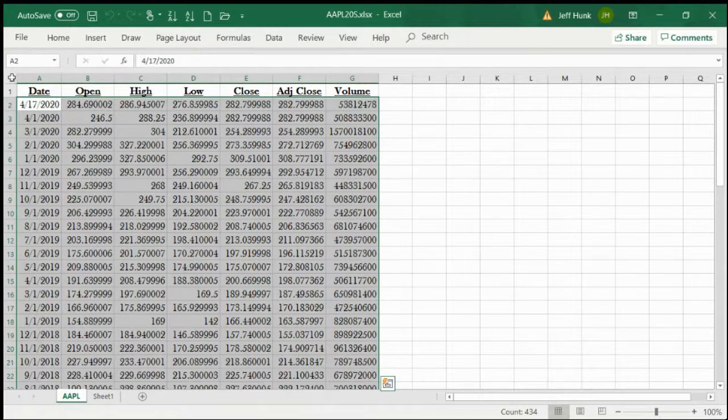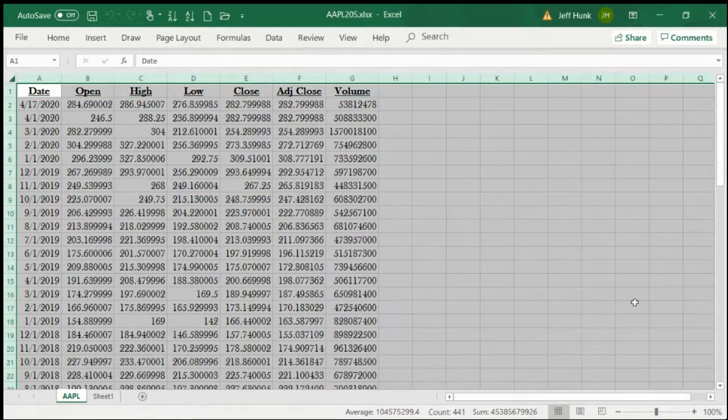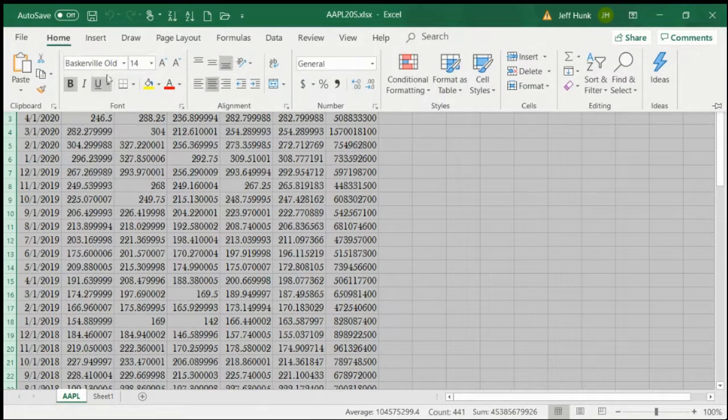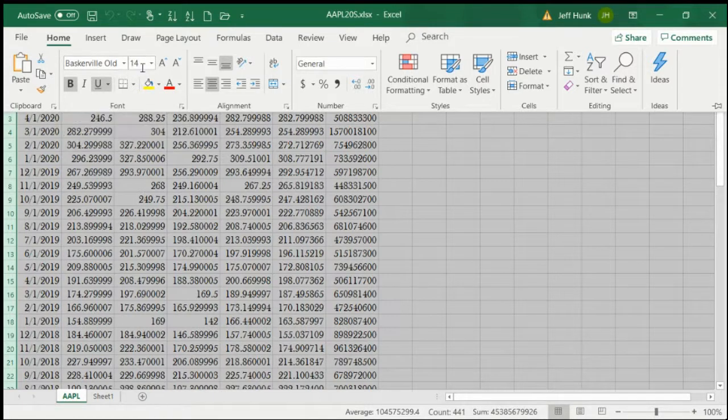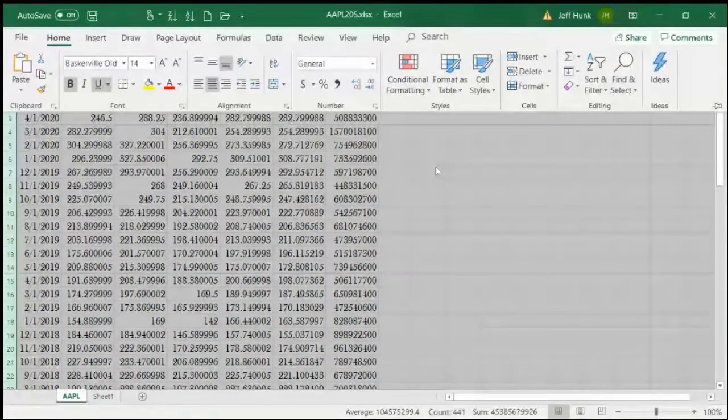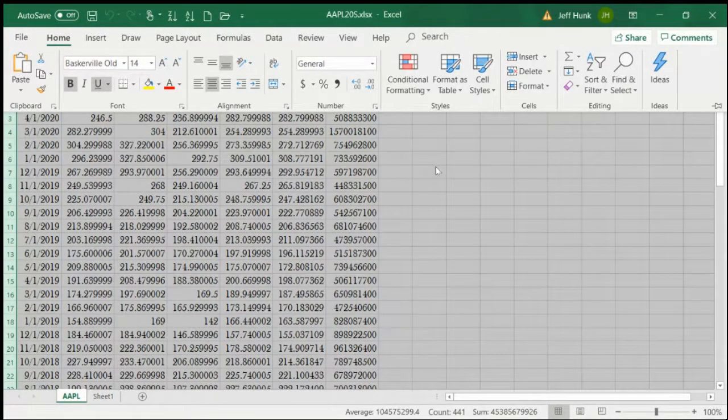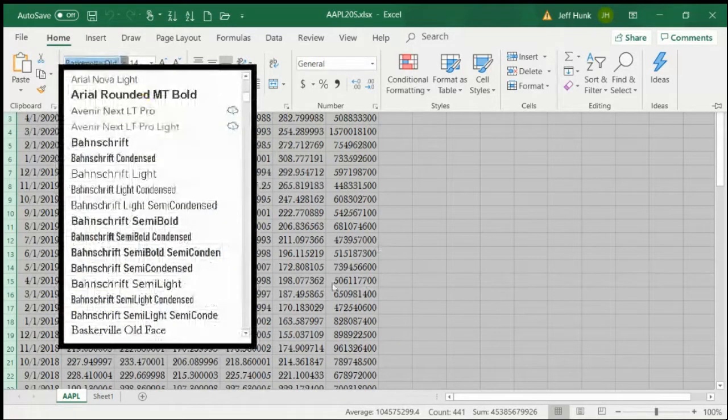So what I did was I highlighted the entire spreadsheet and changed the font to something I prefer. And the font size, I always prefer 14. Size 14 looks like this, it looks decent sized.